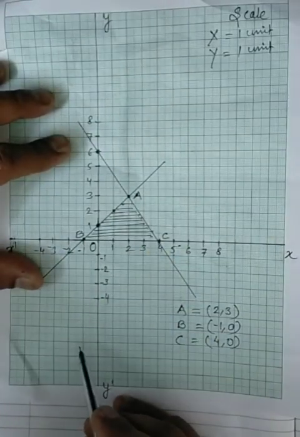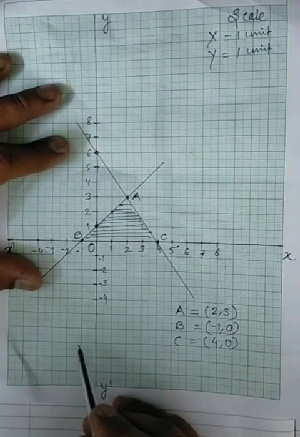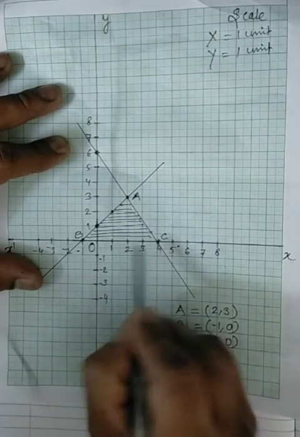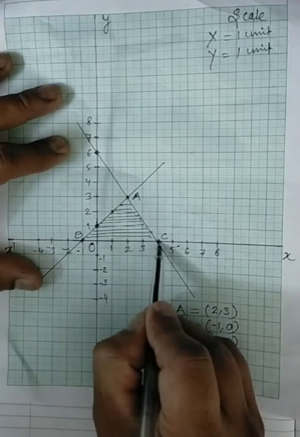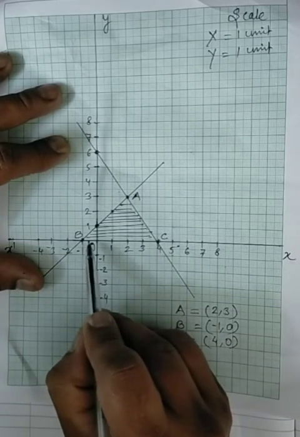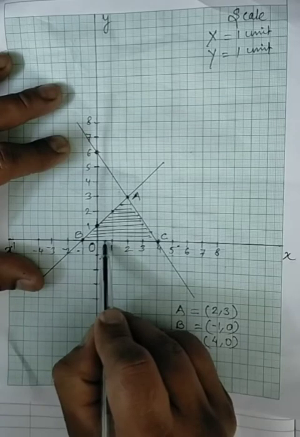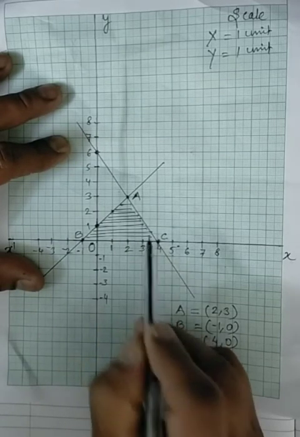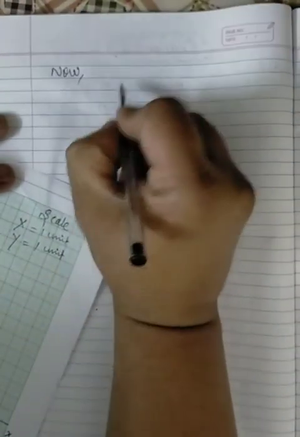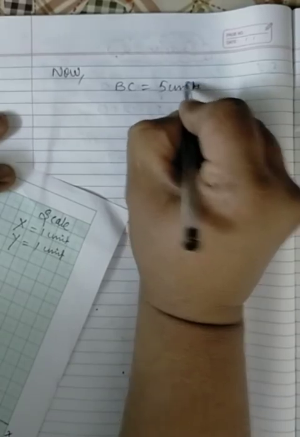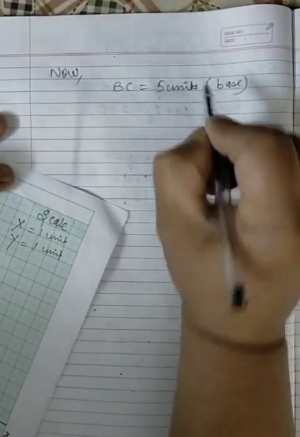So for this we are going to use the formula area of triangle is equal to half into base into height. Now the base is BC. So BC is the base, and the value of the base you can find, you can count the number of blocks, 1, 2, 3, 4, 5. So here BC is equal to 5 units, which is our base.